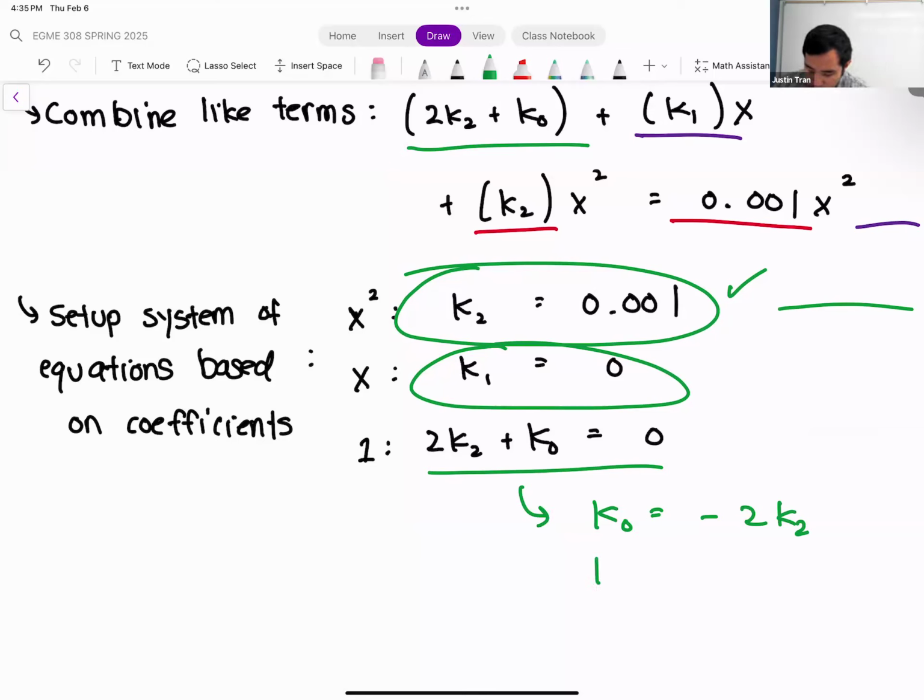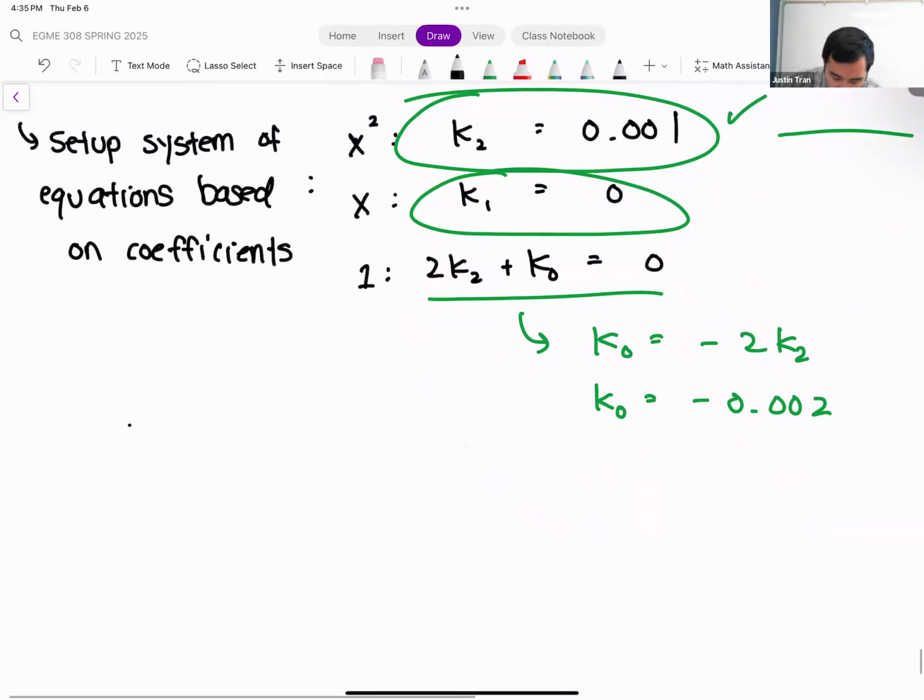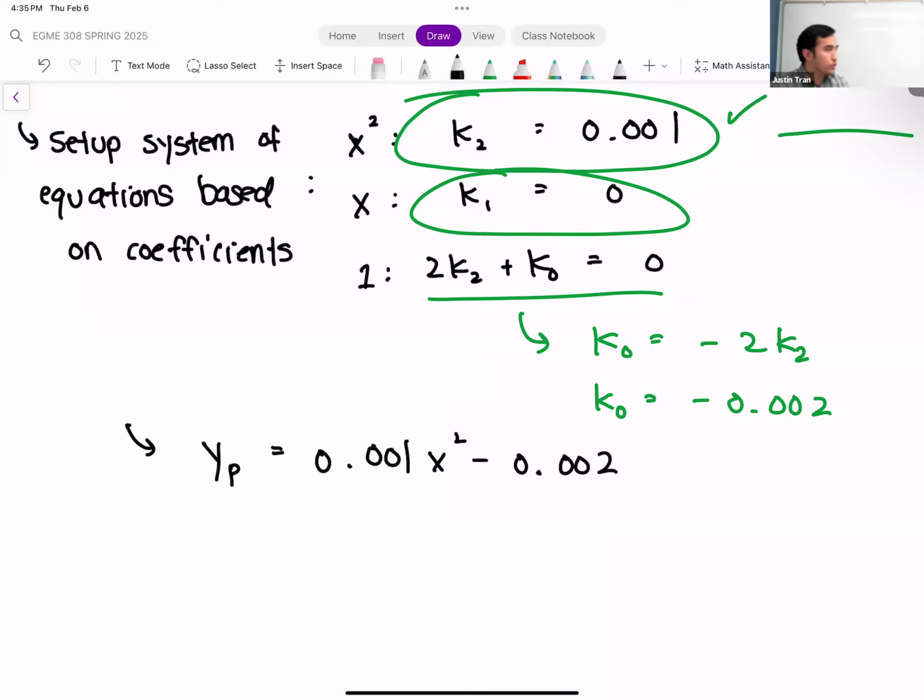So that means K0 must be minus 0.002. All right, so let's plug in those values, and we can get our expression for YP. Okay, so YP, our particular solution in this case, is going to be 0.001 x squared minus 0.002.